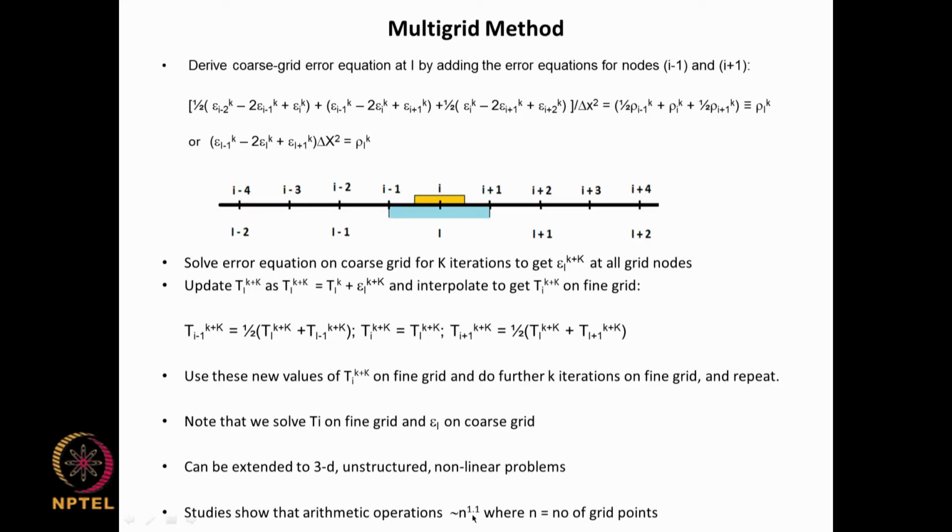and essentially we are making use of the same Gauss-Seidel method, but we are doing it on different grids. So, there is obviously more overhead, more amount of computation, more difficulty in writing programs and all that is there, but once you overcome those you can get much faster rate of error reduction and much faster turnout of the solution, because it takes only n to the power 1.1.